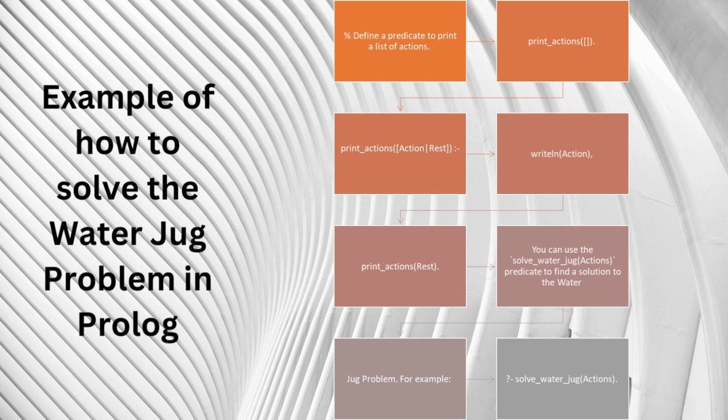For example, in Prolog you have to query solve water jug and actions. This code defines the problem, initializes the state and finds a sequence of actions to reach the desired target volume. It also prints the solution steps.